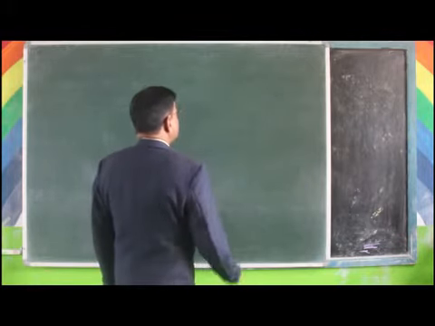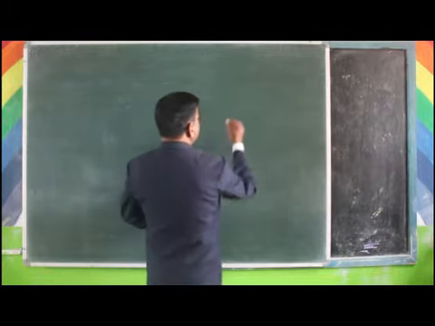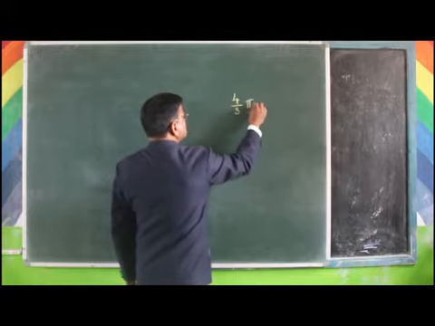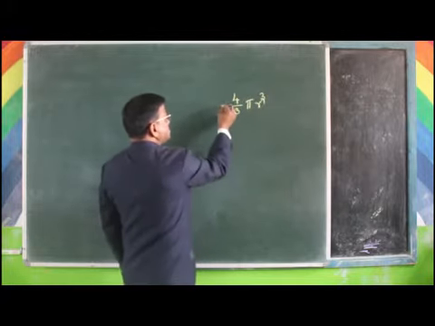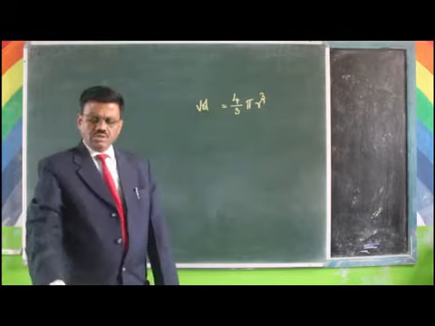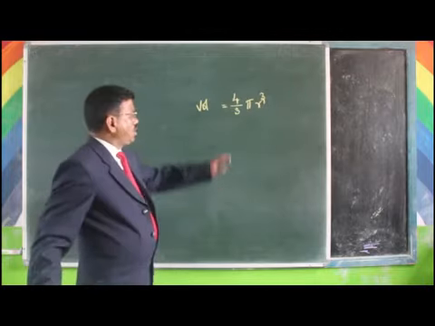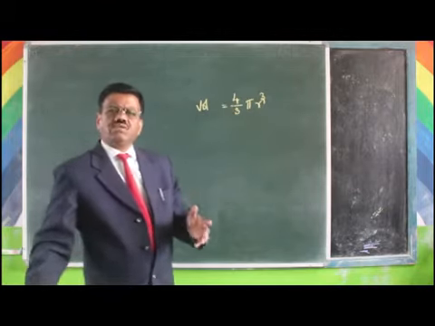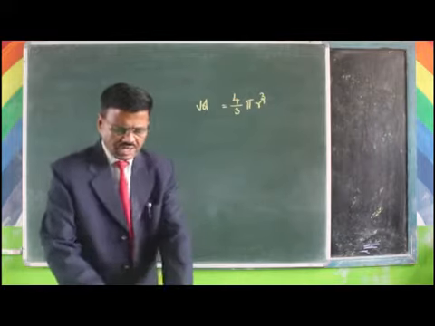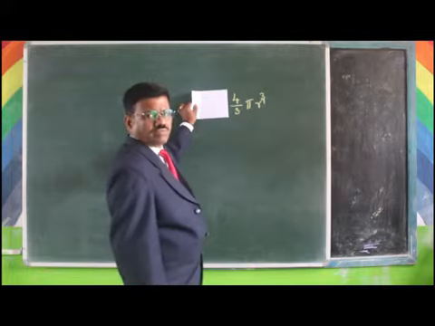For instance, we have a statement: volume of a sphere is 4 by 3 pi r cube. If you have an equal symbol, it's called an equation. If you do not have an equal symbol, for instance only the left hand side, then this is called an expression.